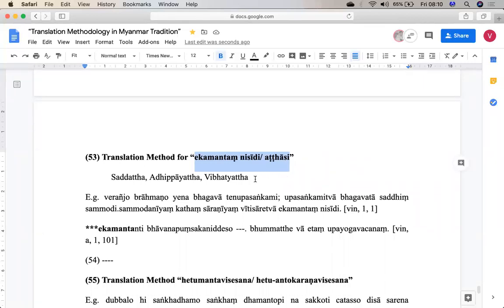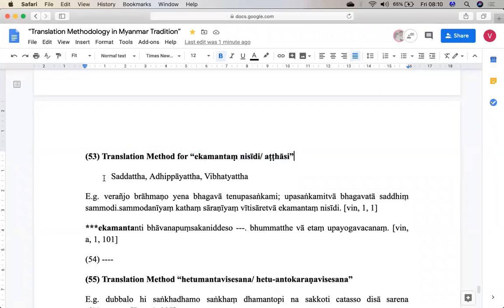To understand this phrase thoroughly, in the Burmese tradition we have three ways. Not just in the Burmese tradition, it is also based on the commentary explanation, that is, commentary reference. But this Pāḷi is from the original Pāḷi canon. Here: atha kho brāhmaṇo Yena Bhagavā tenupasaṅkami.